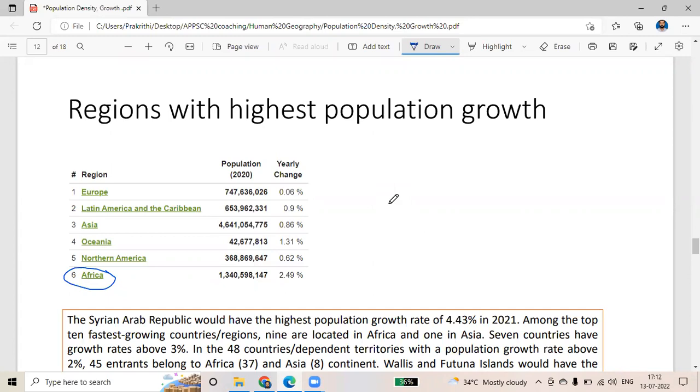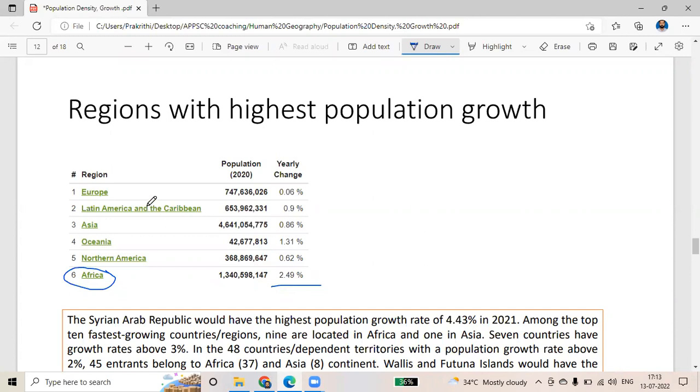But if you take the population change during 2020, this is also World Bank data, it is almost 2.49%. If you take the countries of Africa, many of the countries have population growth rate of more than 3%, that much higher.